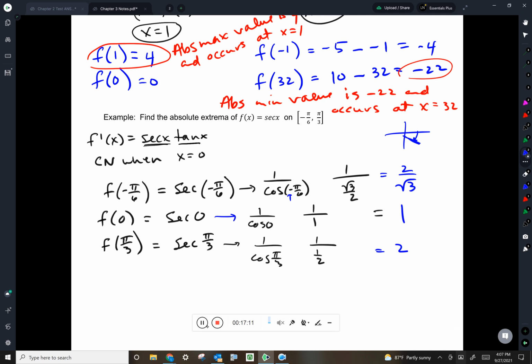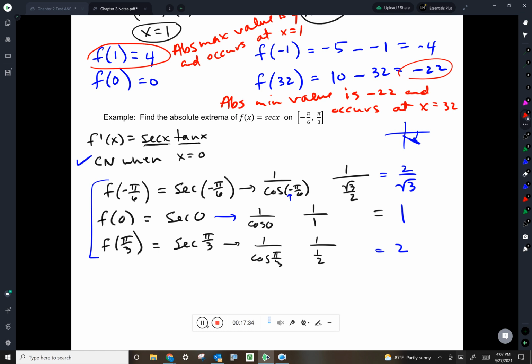So again, I found my critical numbers right here. I evaluated them in the original function, and so now I need to label, well, what's the highest value? You're like, well, I don't know what 2 over square root of 3 is. No, but I do know that the square root of 3 is definitely just a little bit less than 2, right?